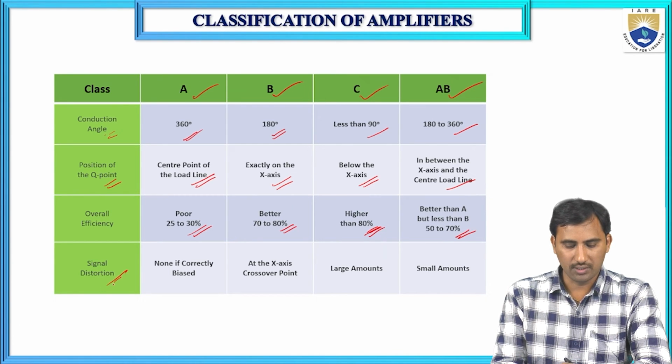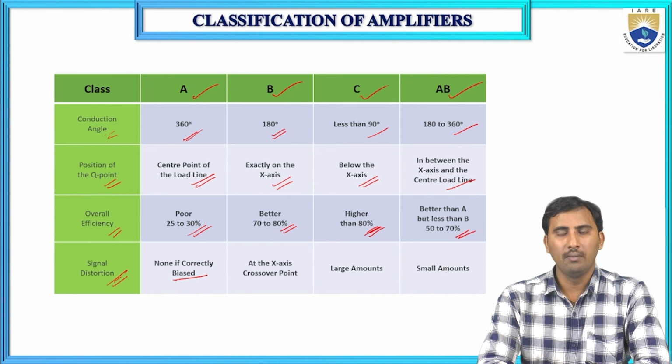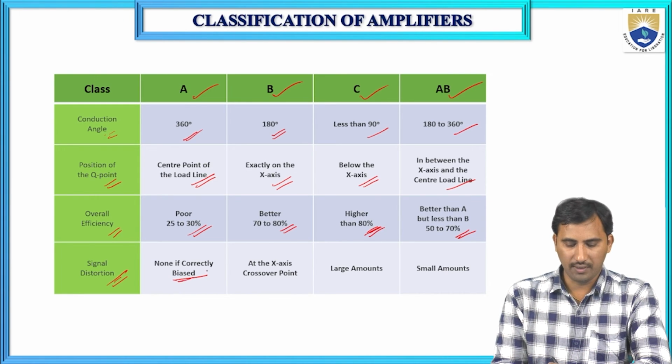And signal distortion. This is a comparison with respect to these parameters: conduction angle, position of Q point, overall efficiency, signal distortion. The signal distortion will be none if correctly biased. So if you provide proper biasing to the class A power amplifier, then there is no distortion in that amplifier.